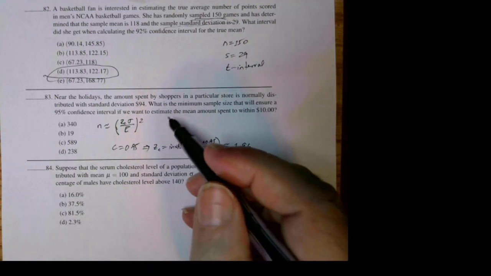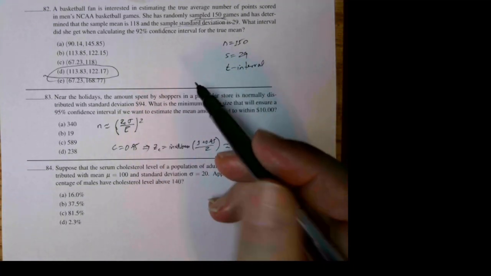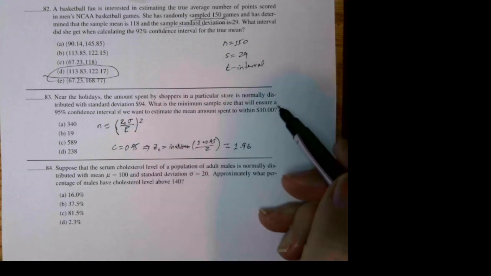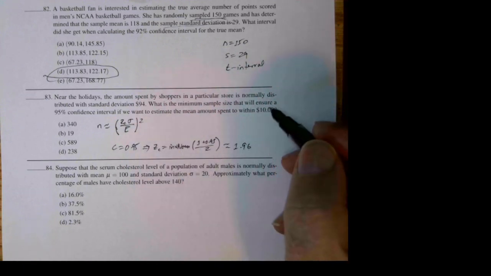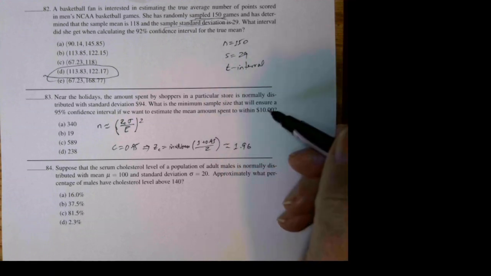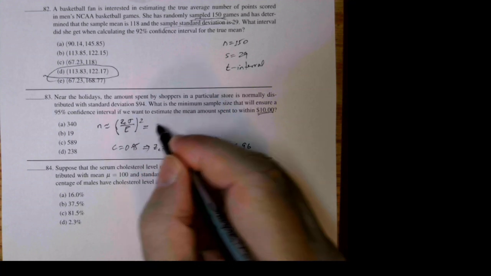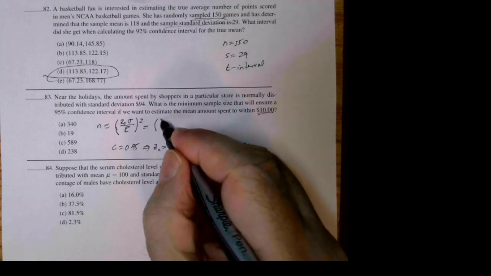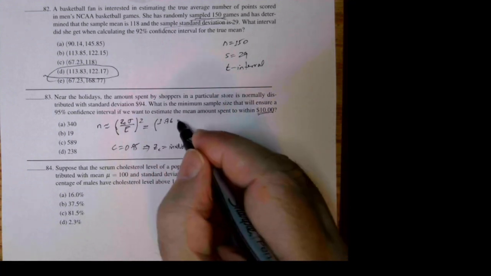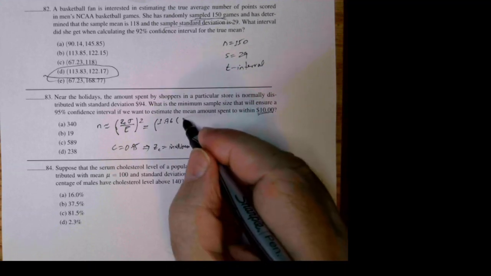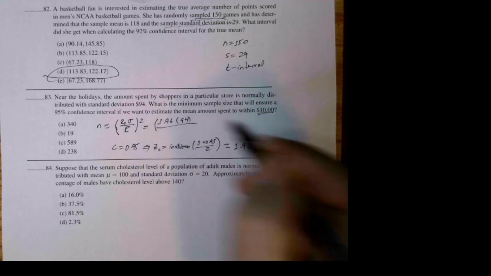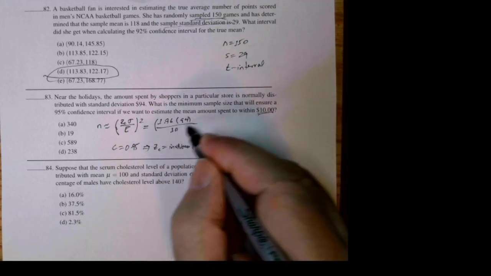All right. Sigma is 94. E is how close we have to get to the population mean. And so E is going to be 10. So this number here is going to be 1.96 times 94 over 10.